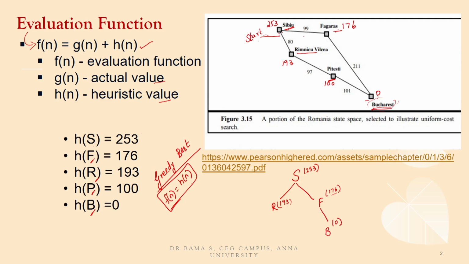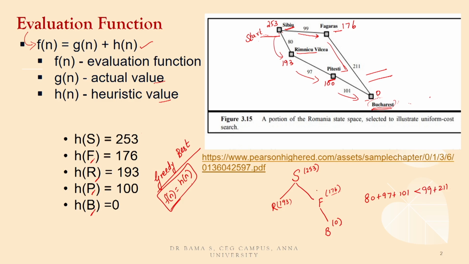Now, if we add the actual cost, 99 plus 211, this would be some value, and 80 plus 99 plus 97 plus 101 is actually less than 99 plus 211.